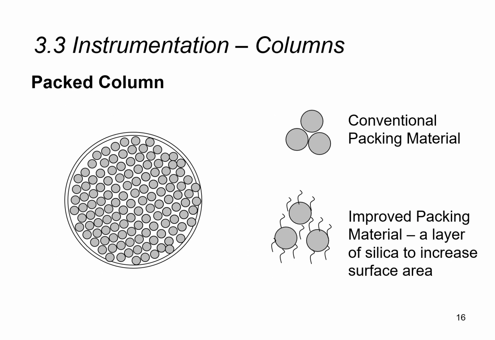This is a pictorial representation of a packed column. The concept is quite simple. You have a column, this is a top-down view, and you see that you have circular beads that make up the middle of the column. As sample is passing through this column, your various chemical components will start interacting with the beads.